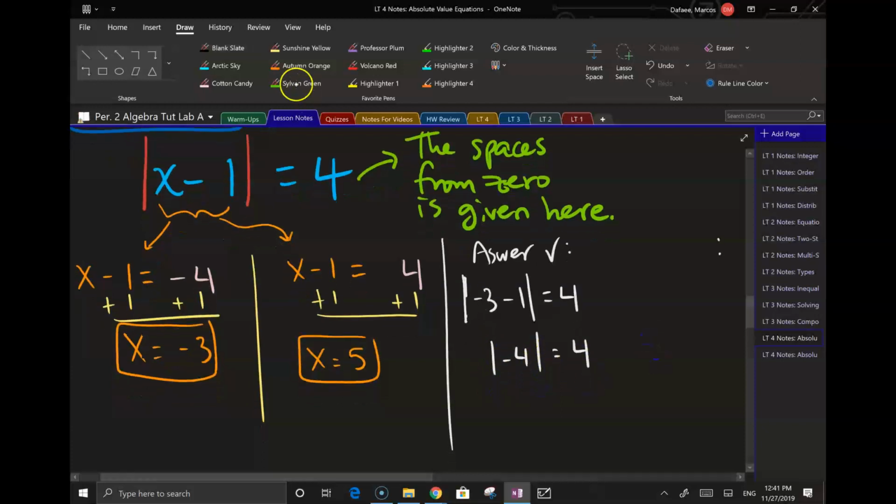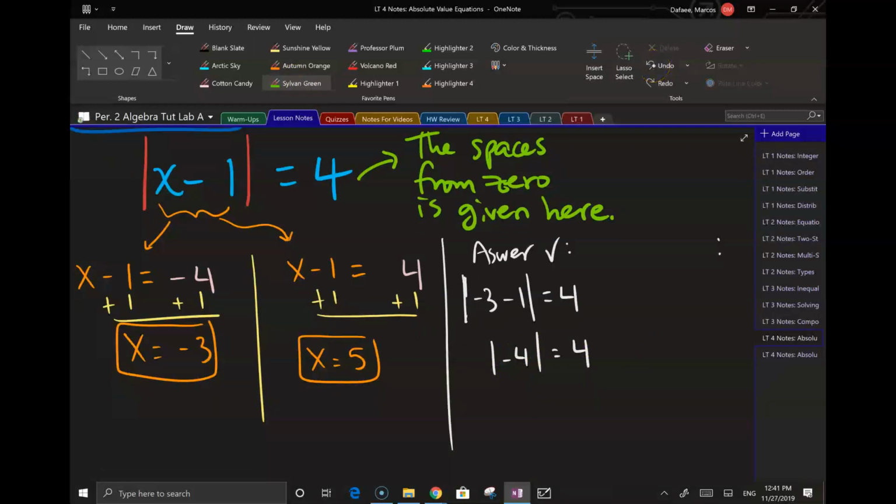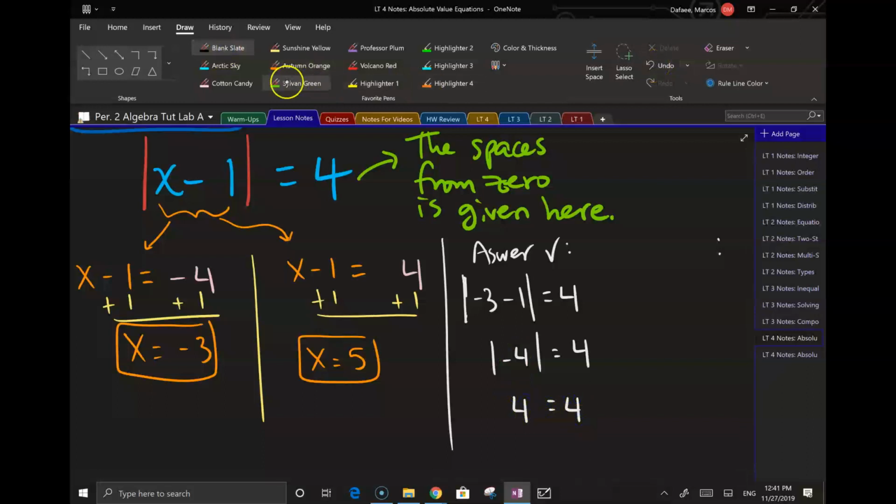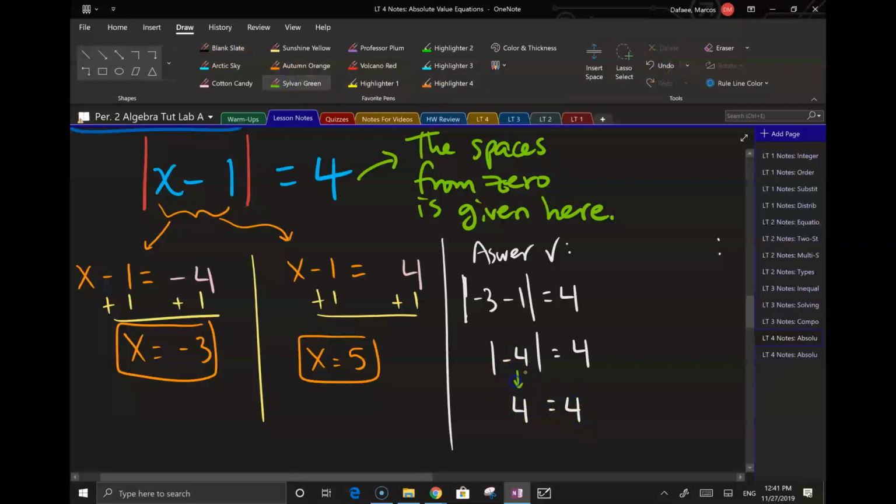And again, this question over here is how many spaces is that number from 0? And therefore the absolute value of negative 4 is 4. And look at that. So what that proves is that this answer, negative 3, is indeed one of the solutions, because when we use it, it gives us a value which is exactly 4 units from 0.